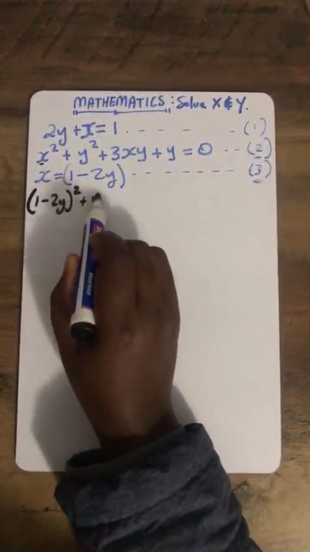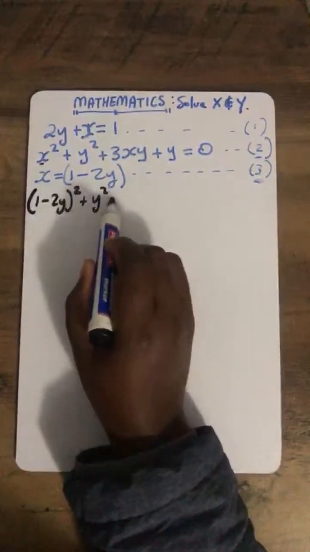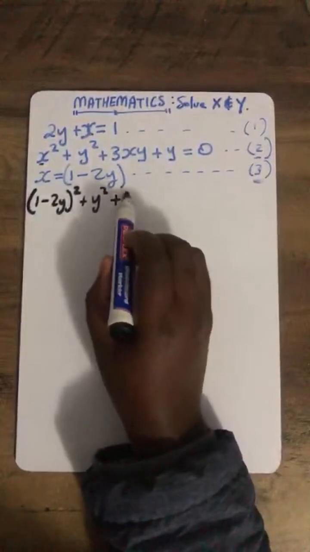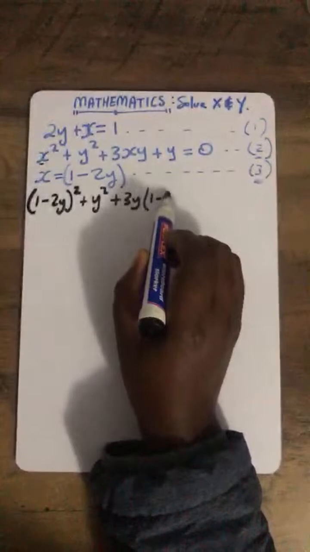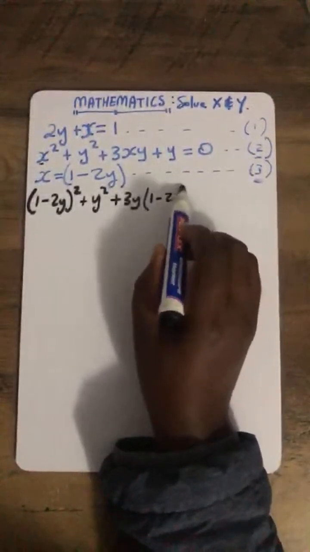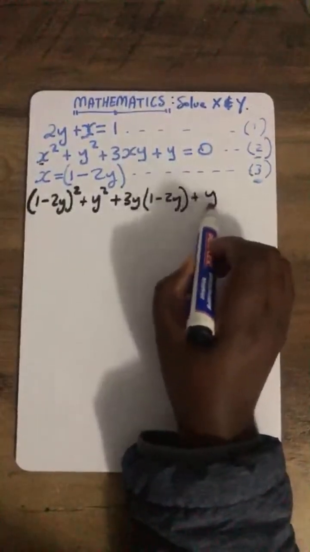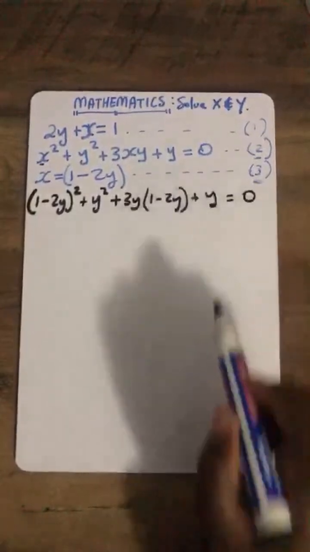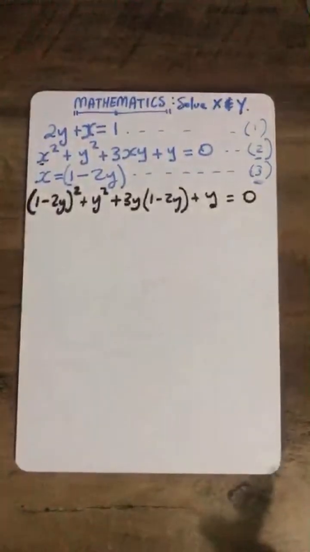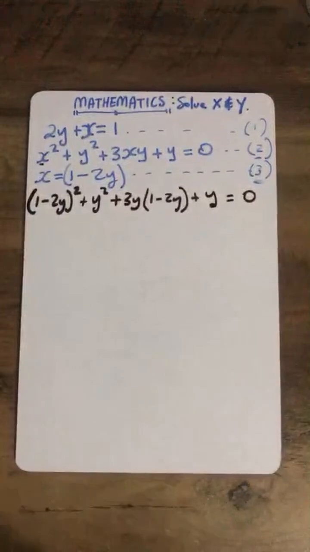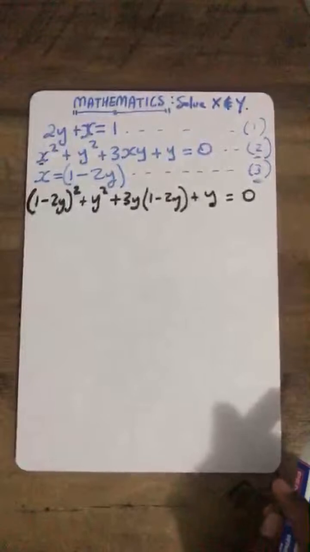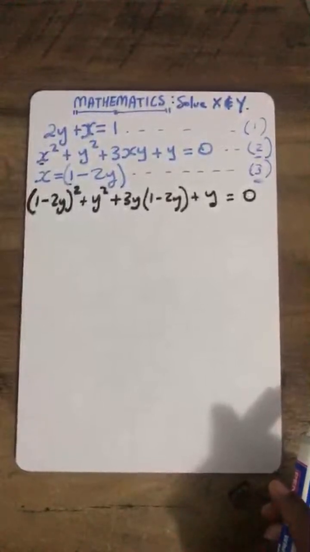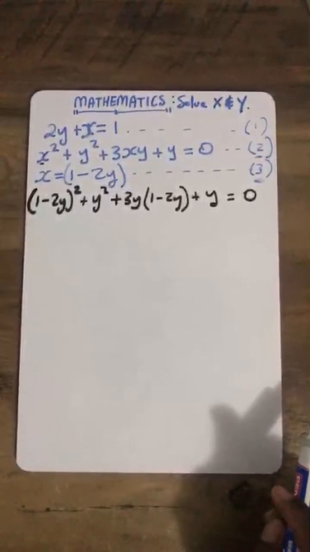Plus y squared, plus 3y, and obviously we have 1 minus 2y, which you must plus with y. All of that can be equated to 0. Everywhere where it was supposed to be x, I've substituted with 1 minus 2y.